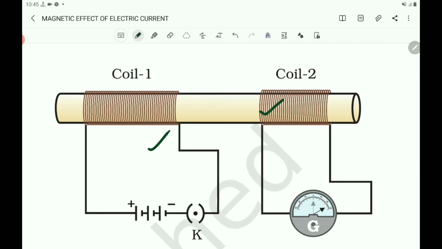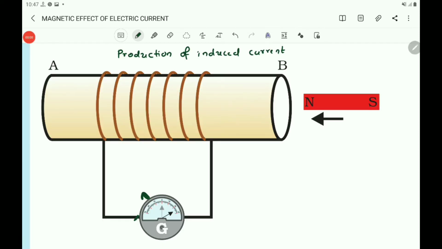So this process by which a changing magnetic field in a conductor induces a current in another conductor is called electromagnetic induction. Here in two ways the electric current is induced in the coil.